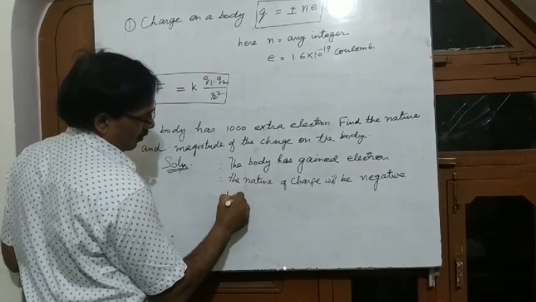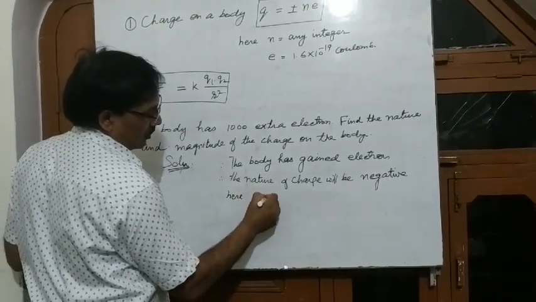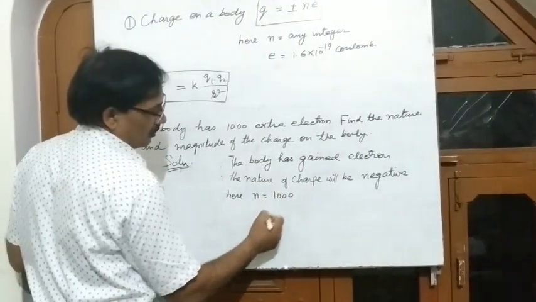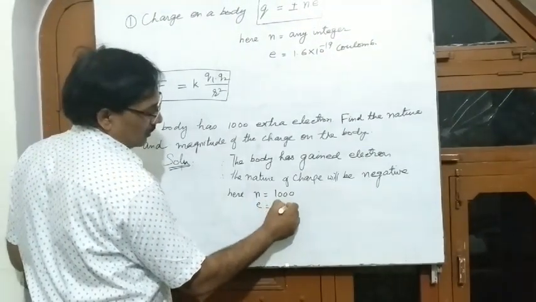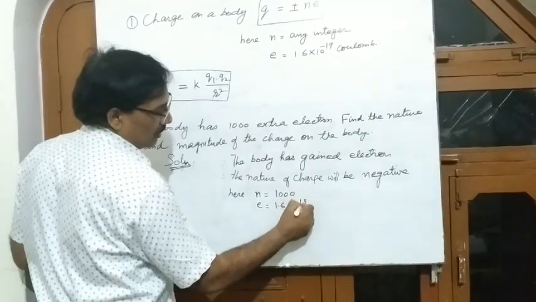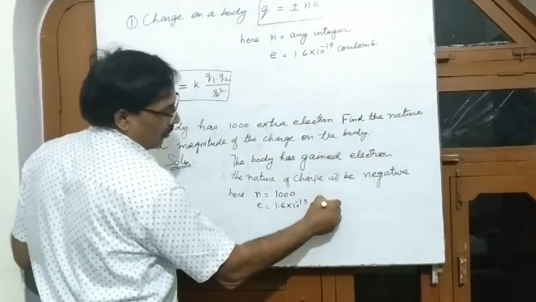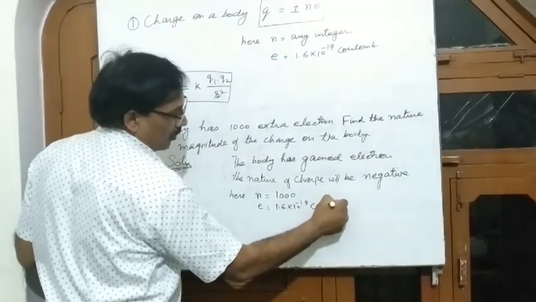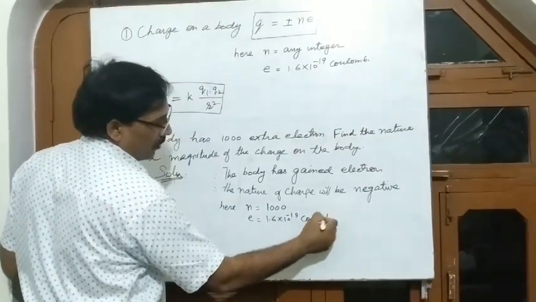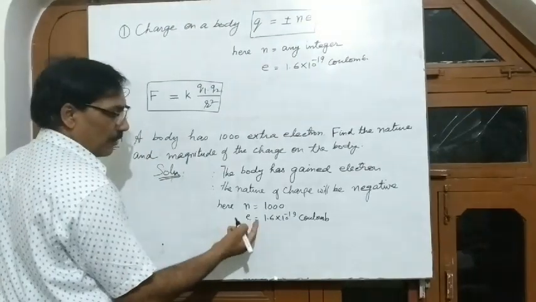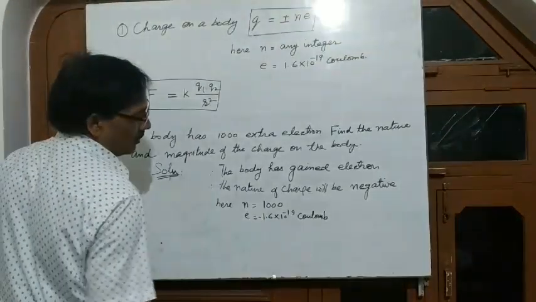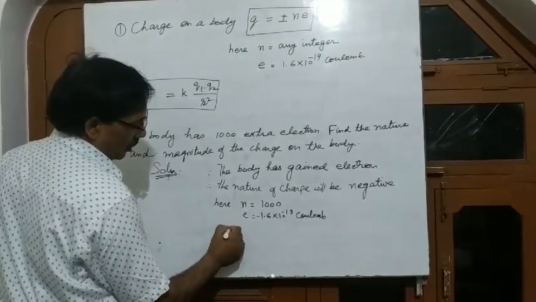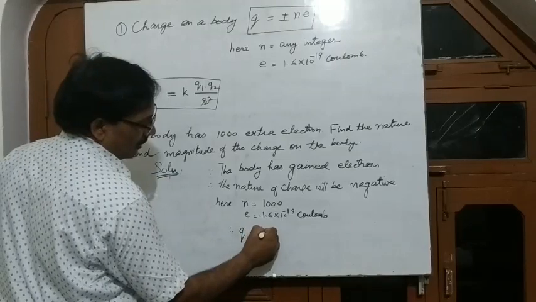Here, N is equal to 1000, E is equal to 1.6 into 10 power minus 19 coulomb. E will be negative because it is gaining the electron. Therefore, Q is equal to minus Ne.